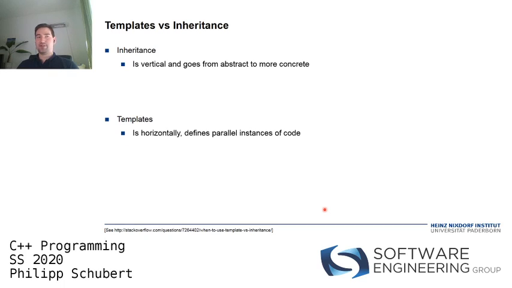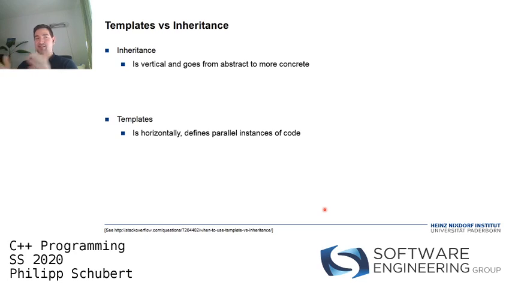Whereas if you use templates, it's really kind of horizontal, so it defines parallel instances of code. Whenever you have a template function or a template class or whatnot, it acts as a kind of code generator. So whenever you plug in an int, you will have a new version that works on integers. If you plug in a double, you have a new version of whatever you define as a template that works for doubles.